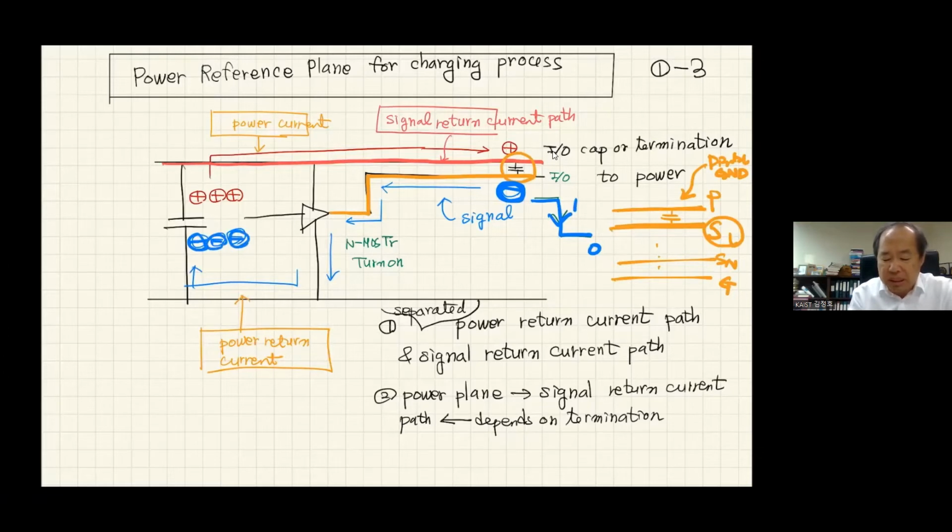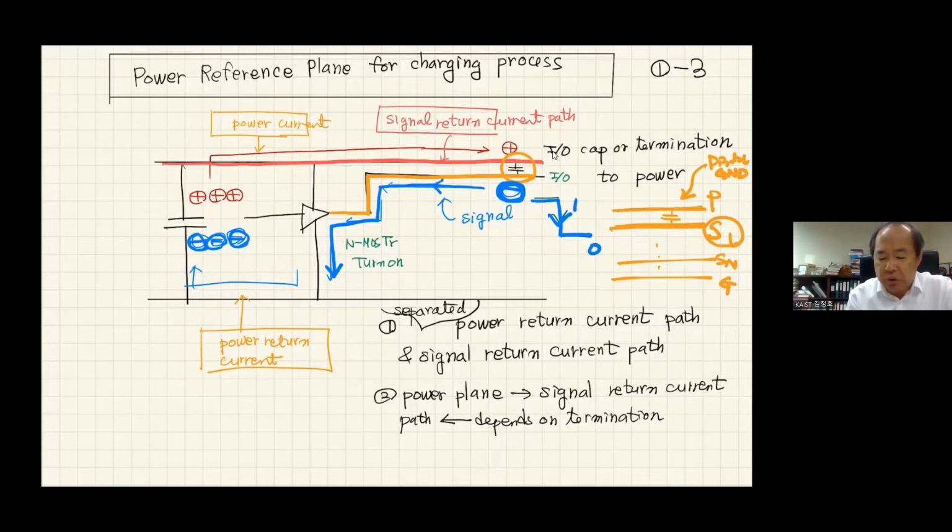Because this is negative charge in terms of current direction, return current has to go through this line. And this is actually signal current.